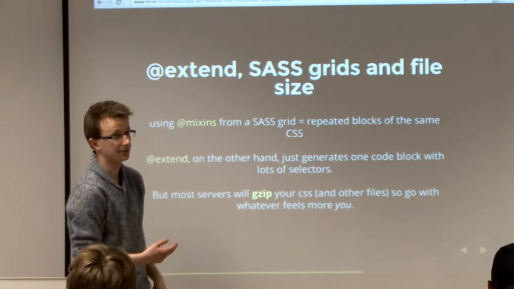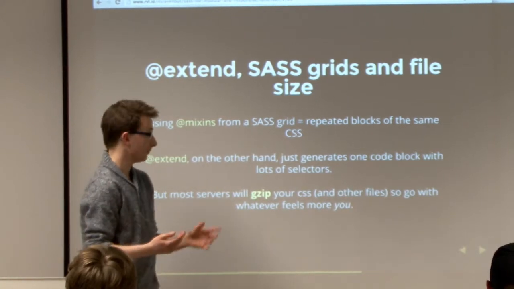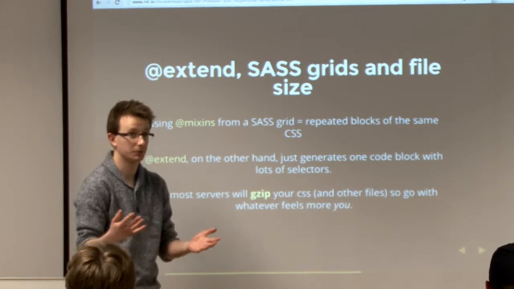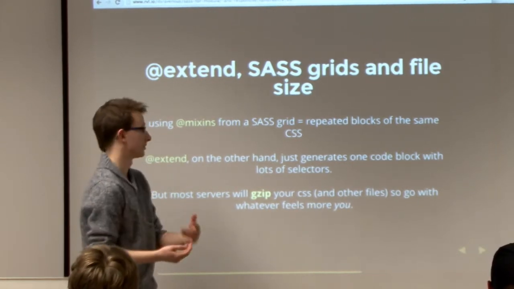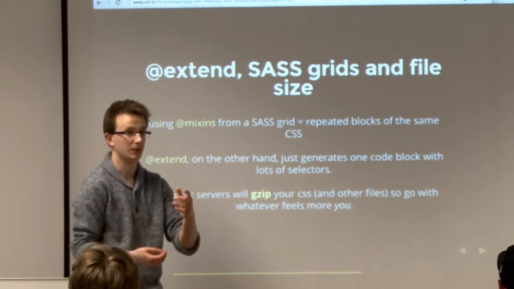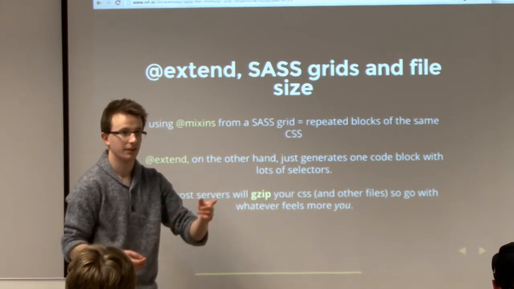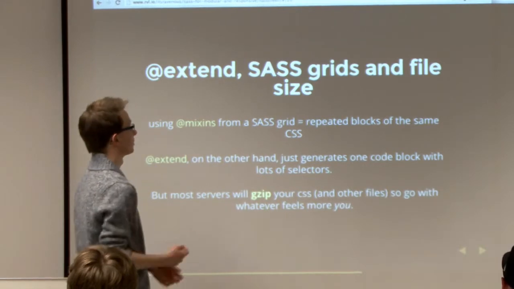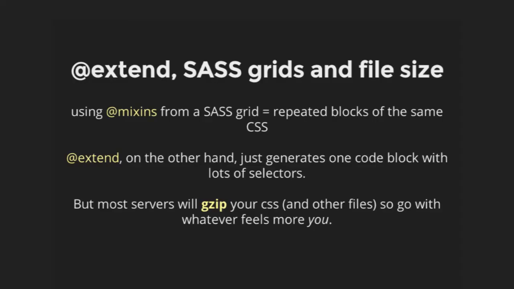So when I used Susy, I found that throughout 10 different positions in my quite small site in the CSS file, I got the same bit of float left with 43.333 recurring percent margin, whatever. Which obviously bulks up your file size, whereas extend just generates the one block of code and adds lots of selectors.